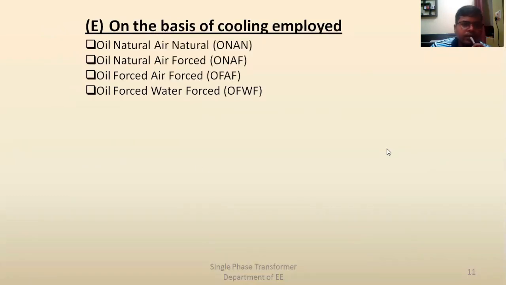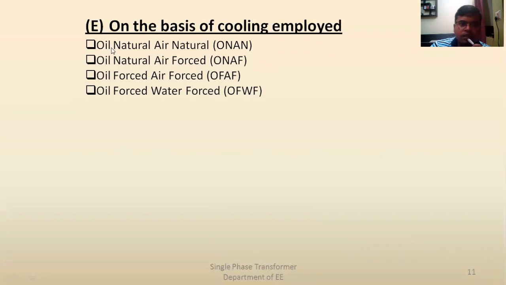Now, on the basis of cooling employed. Normally a transformer gets heated due to its core loss and copper loss, right? So it is required to cool the transformer for its normal healthy operation. These are the methods generally used in power transformers.